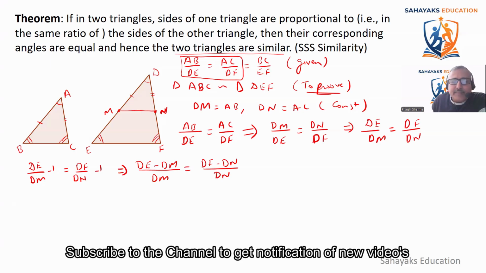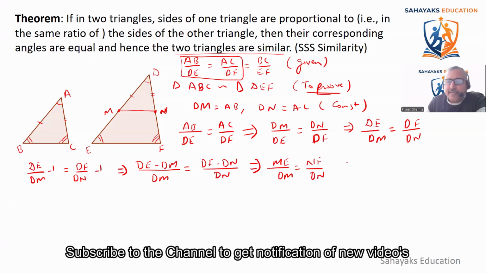What is DE minus DM? It is ME. So ME divided by DM is equal to NF, since DF minus DN is NF, divided by DN.